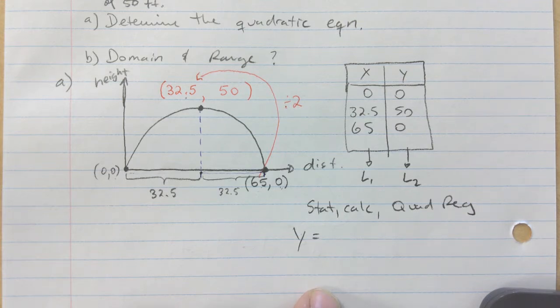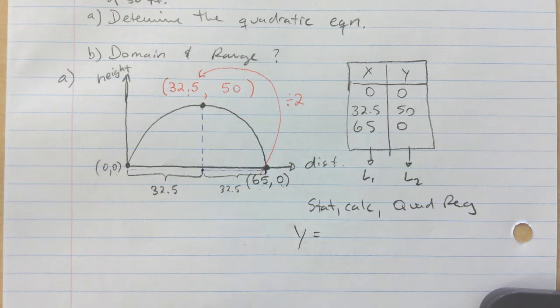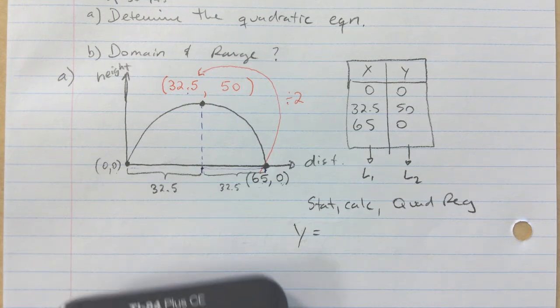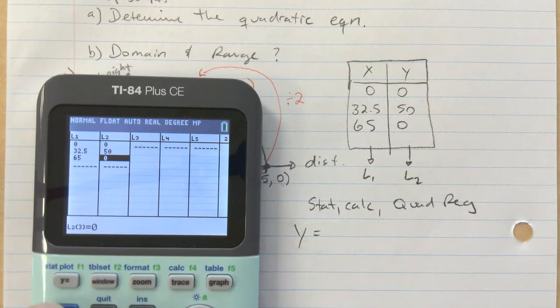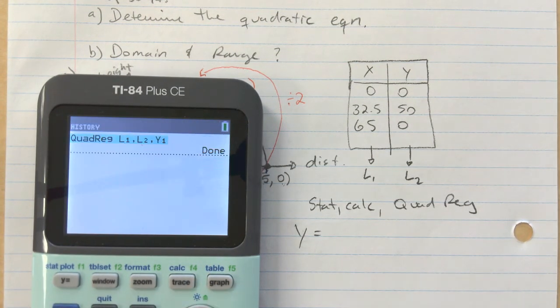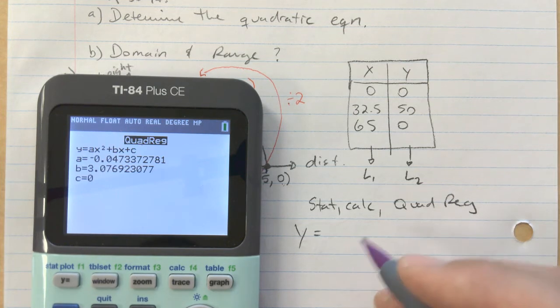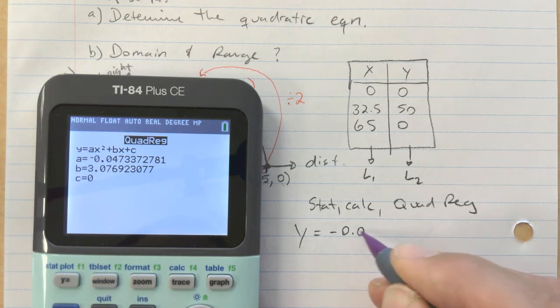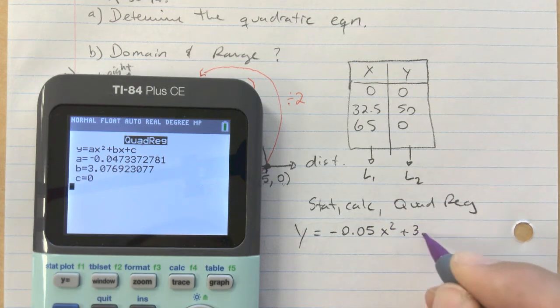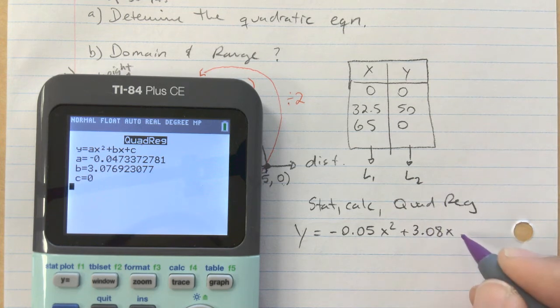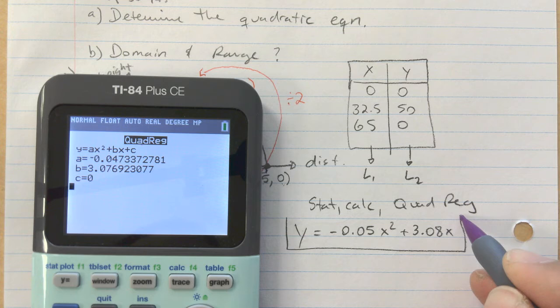How are your batteries, folks? Halfway? Okay. So I'm just going to bring this up here. That's what I have. I'm going to go to the home screen because I just performed a regression. And you get negative 0.05 x squared plus 3.08 x plus 0, right? Which is not necessary.